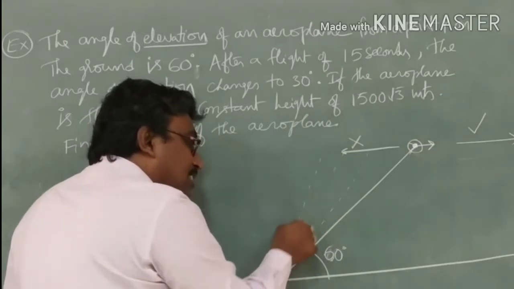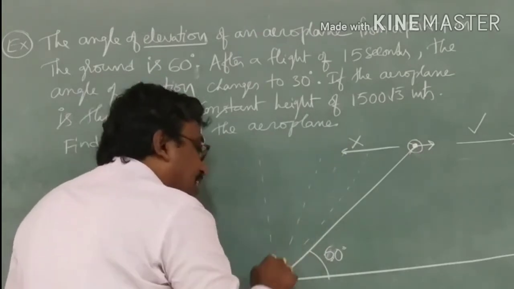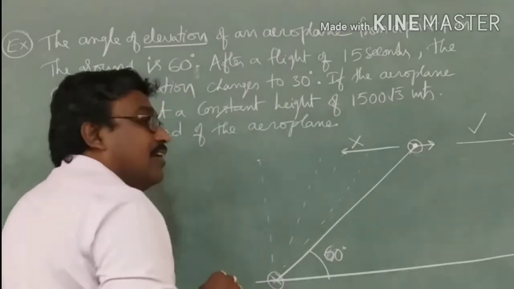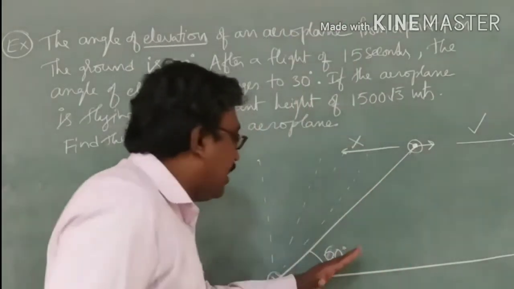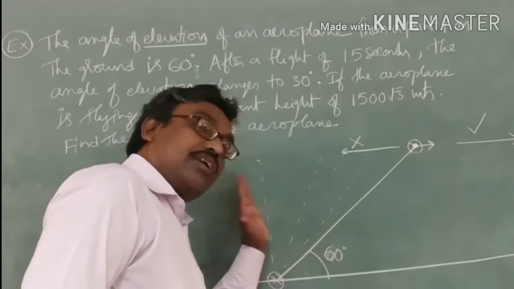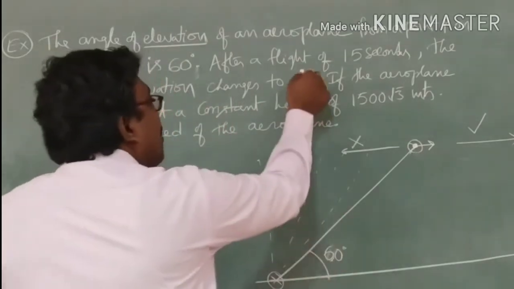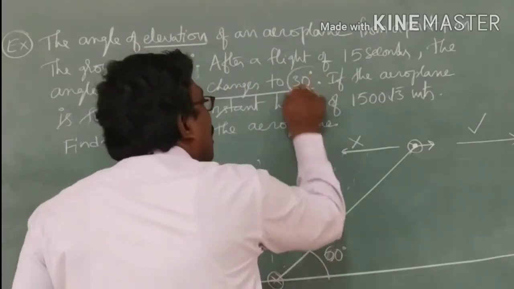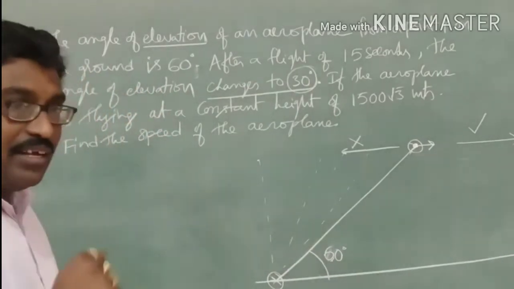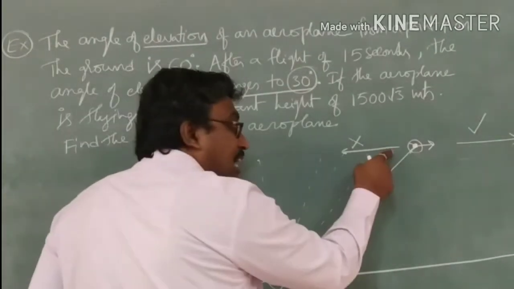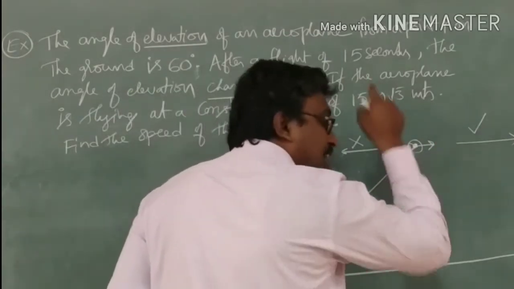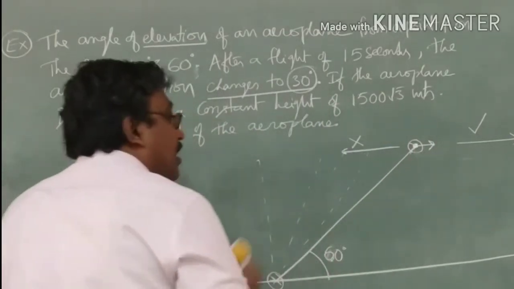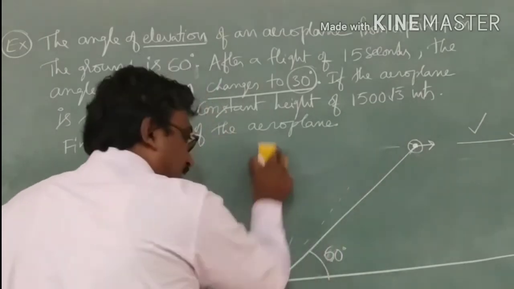Suppose if the flight is at the top of your head, then how can you see? Like this you should see. So 90 degrees. So 60 degrees to 90 degrees, it should increase. But angle of elevation changes to how many degrees he gave? 30 degrees he gave. That means flight is not going in this direction. The flight is going in this direction only. Okay? That is a very, very important point here.